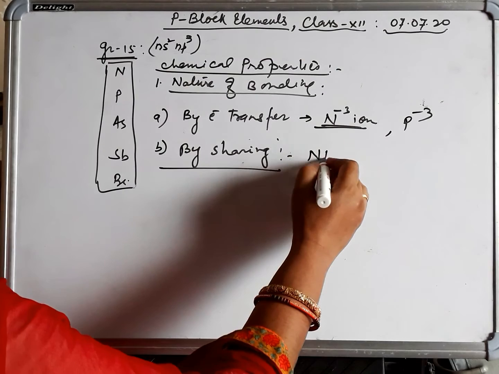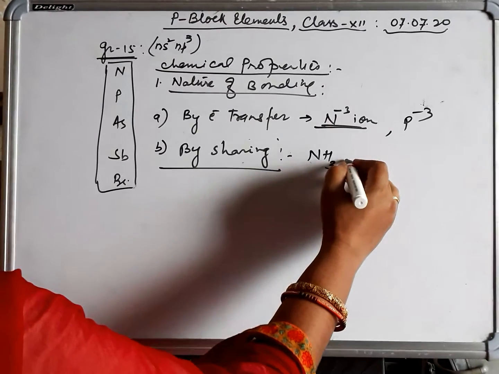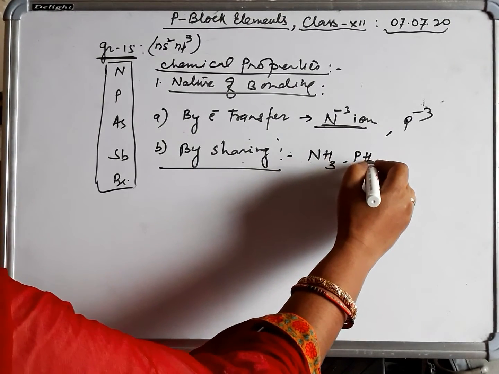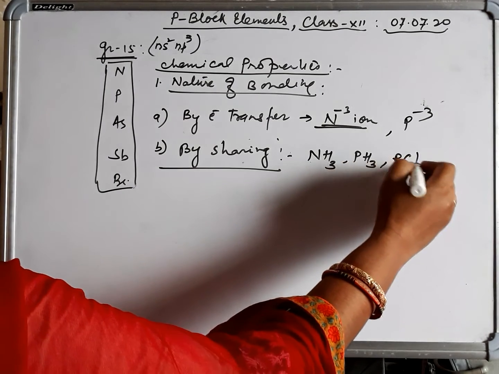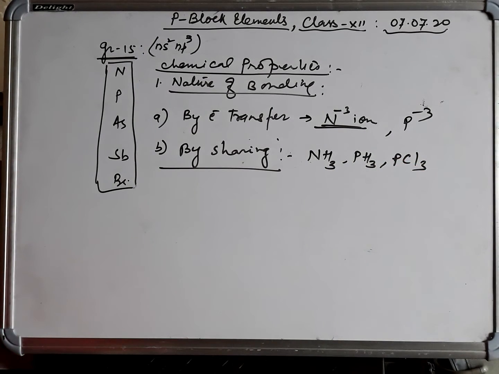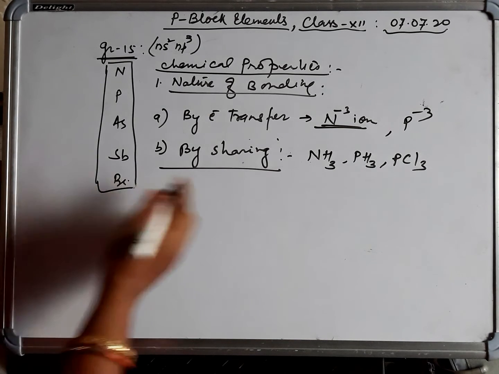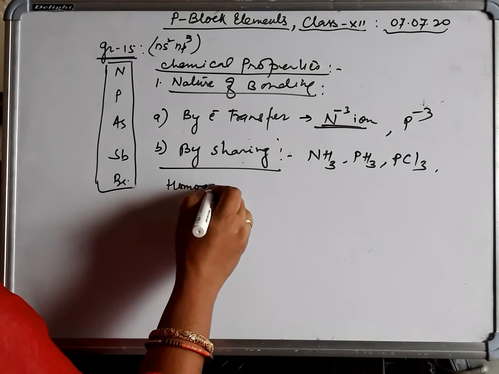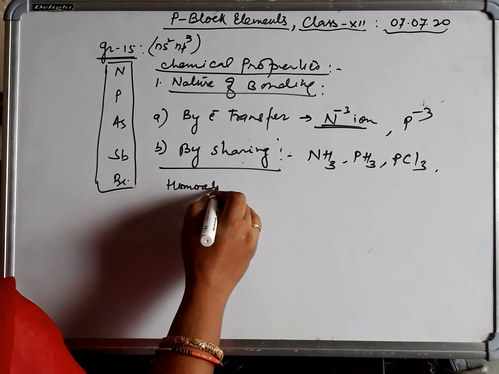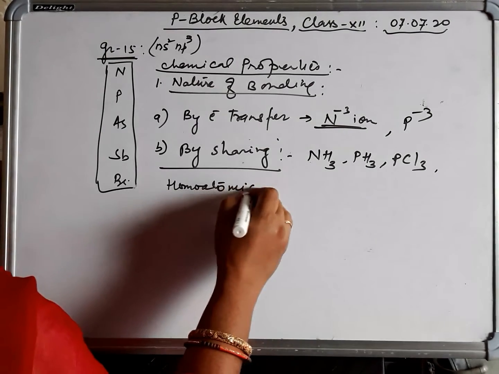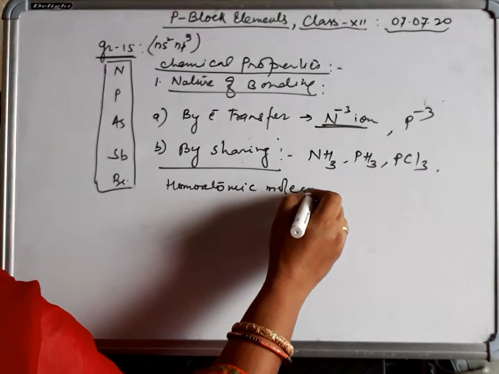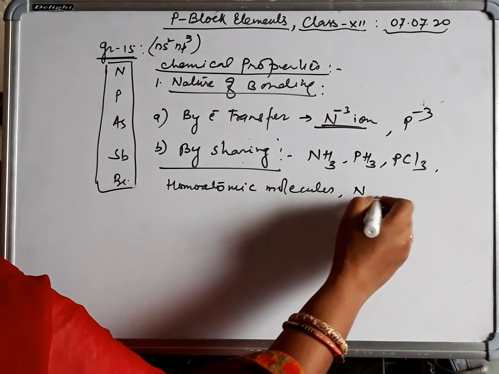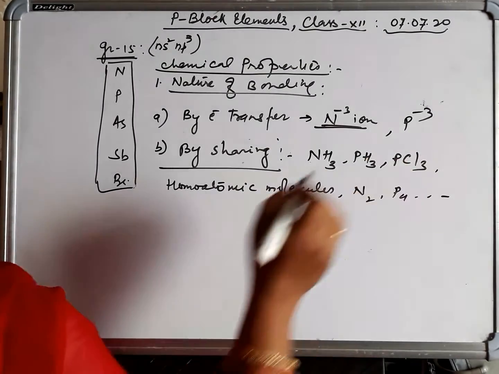With hydrogen, they can form nitrogen hydride, phosphorus hydride, phosphorus trichloride, and so on. They can also form homoatomic molecules, like nitrogen, phosphorus, and so on.